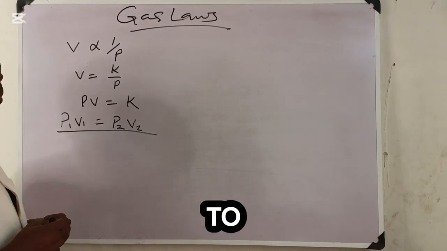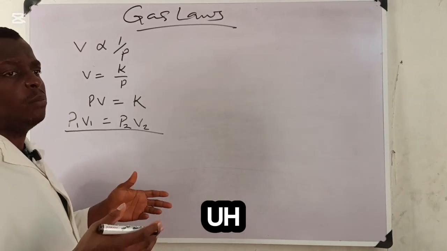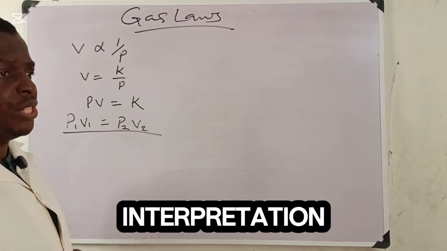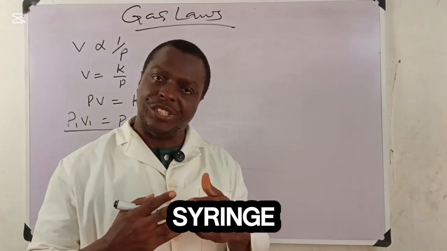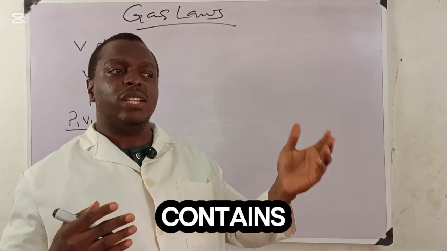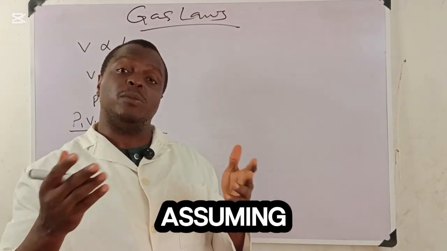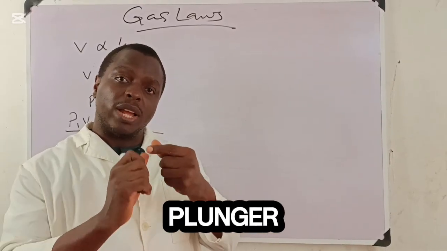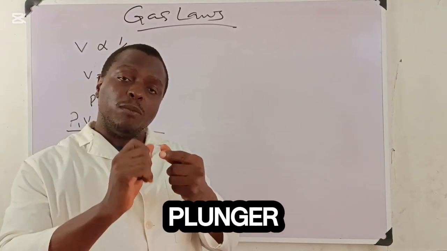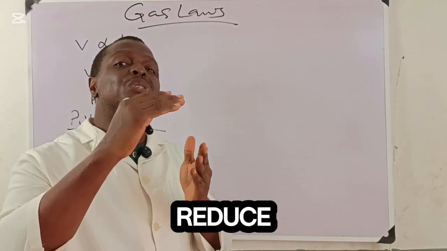Now, in order to understand experimentally what Boyle's law means, we will use an illustration like a syringe. If a syringe contains some gas bubbles, and the syringe has a volume, assuming that we are using a 5 ml syringe, now if you push the plunger inside, as the plunger moves inside, the volume that the gas occupies will reduce.